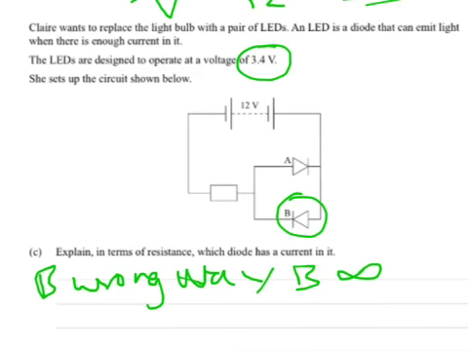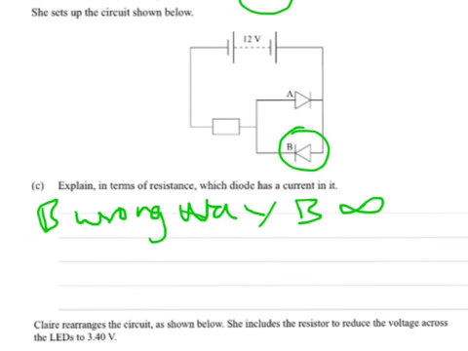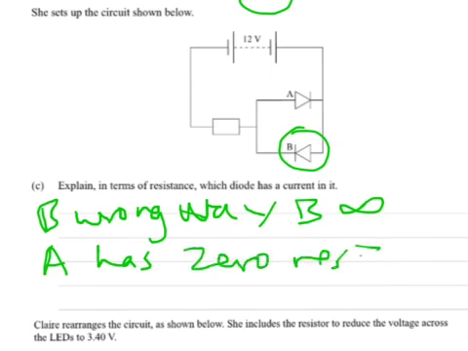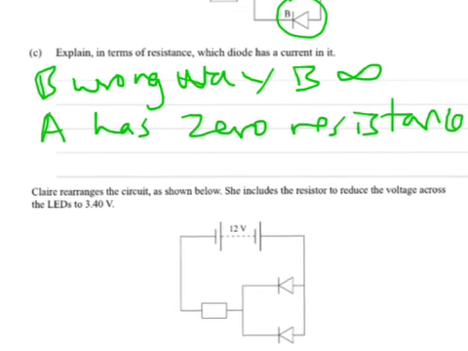And A has the current passing through it. So once it's conducting, it's essentially zero resistance, vanishingly small resistance, and it'll allow whatever current to go through it if you could increase the voltage. But thank goodness there's a resistor in there as well, because it can't increase the voltage across that.